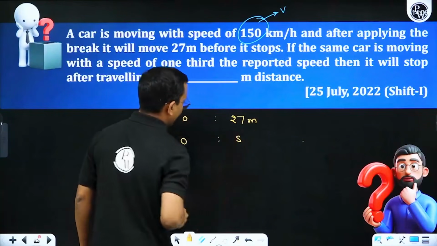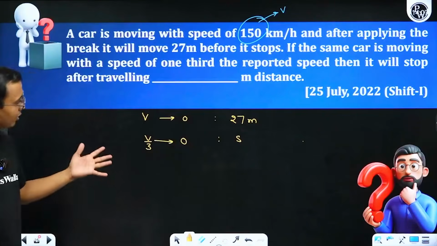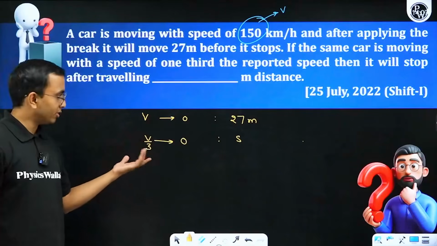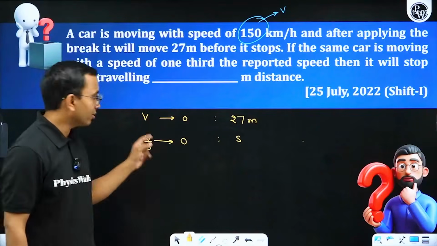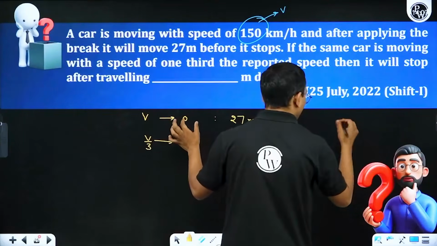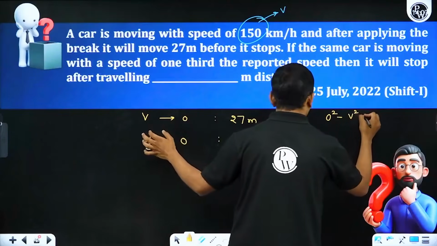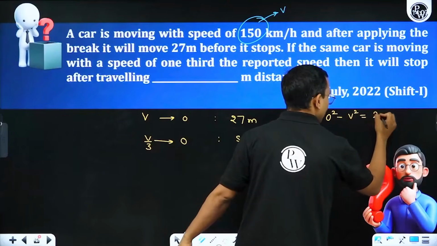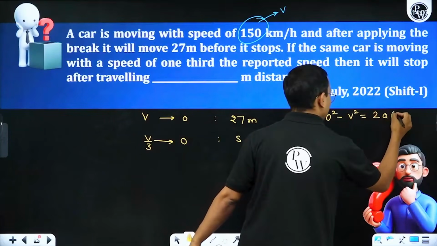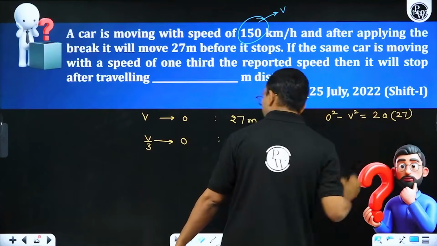Let us take s. So we need to find s. Again, we need to relate the distance and the speeds. So using the formula v square minus u square is equals to 2as. For the first condition, final velocity 0 square minus initial velocity v square is equals to 2 into a, acceleration, into s, that is 27.